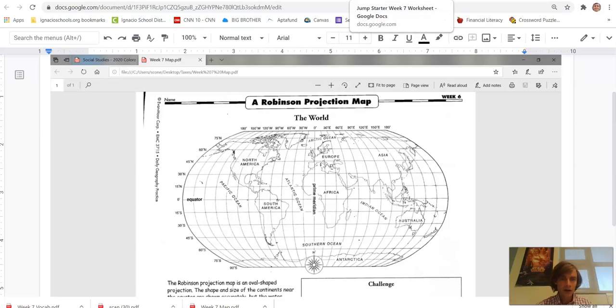Now let's talk about how do we use this projection map to find latitude and longitude coordinates. As you'll notice, this week we're looking at a latitude and longitude map of the entire world. So the equator is right here running through South America, Africa, Indonesia, labeled at 0 degrees.